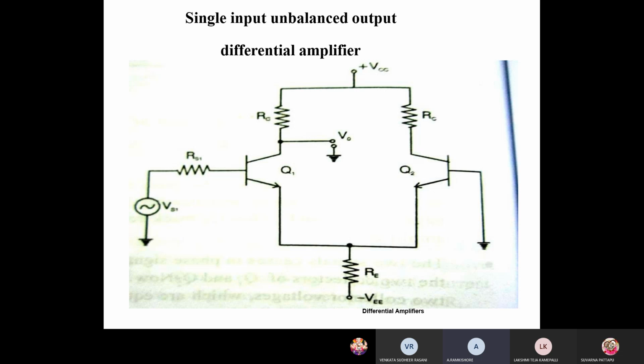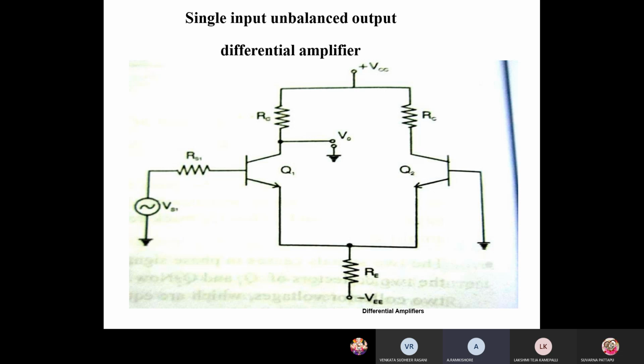These are useful to determine the input impedance and the output impedance of a specific transistor. Here we have to analyze the operating point. For the differential amplifier, we have to do DC analysis and AC analysis, which helps to determine the operating point.